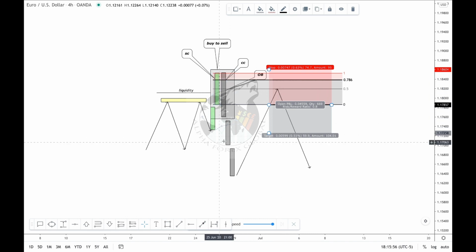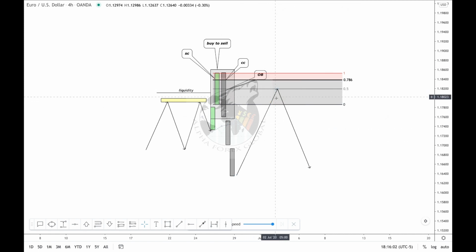So we just use these higher time frame order blocks as points of interest, and once price reaches within that point of interest, we then go down to the lower time frame to look for a market structure break, or the market taking out liquidity again on the smaller time frame, creating order blocks, and then we take entries based off those order blocks on the smaller time frame, because our stop losses will be smaller.